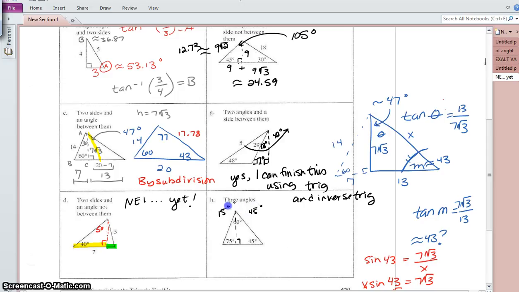There are an infinite number of similar triangles. So not enough information.